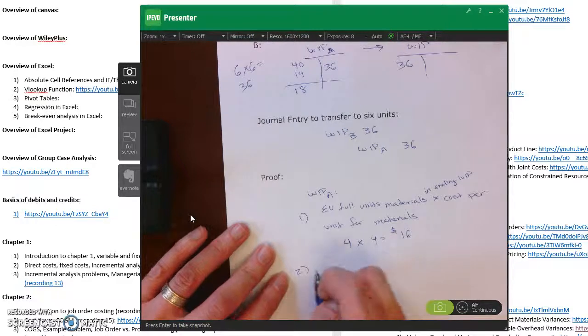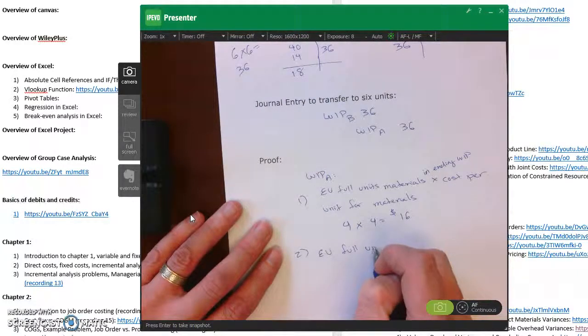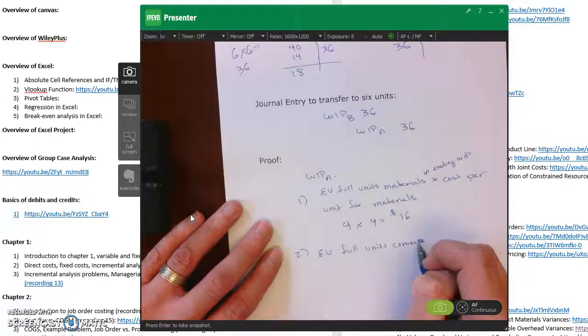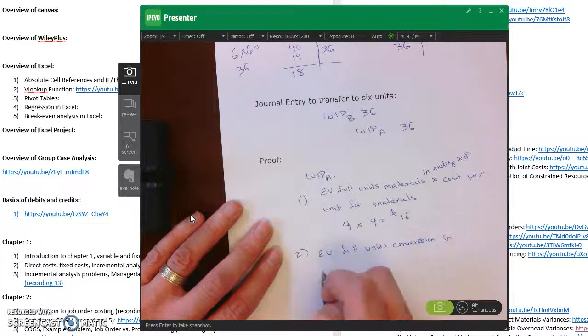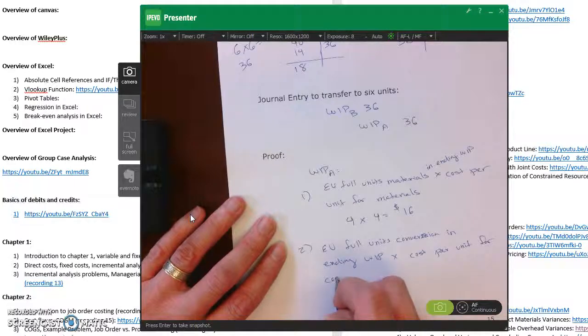I come over here and do the same thing for conversion: equivalent full units for conversion in ending WIP times cost per unit for conversion.